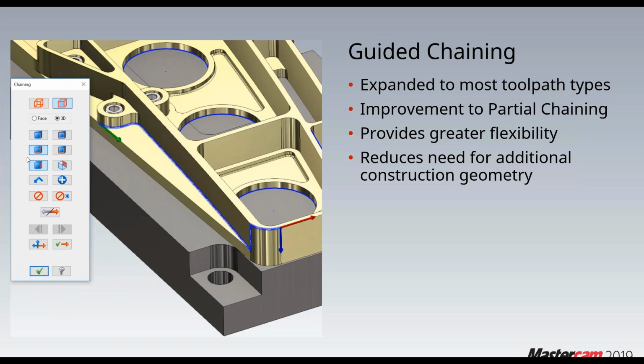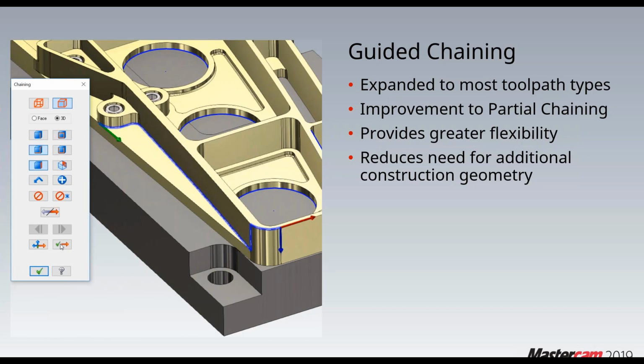The quick tip there is once you start the guided chaining and you pick where you want it to start, if you start clicking the X key, it will automatically start moving along. So instead of having to click the little red arrow or click the arrow in the dialog box, you can basically keep mashing the X key to get it to chain around as fast as you can click.